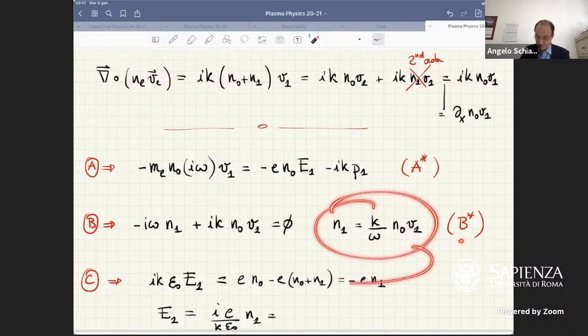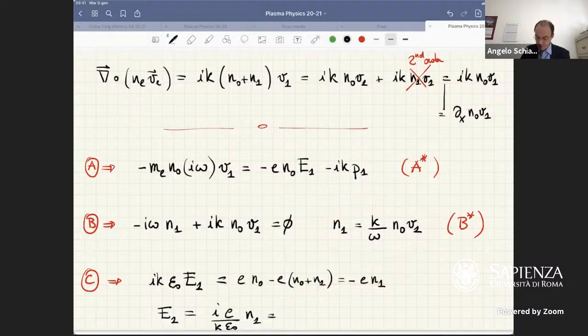We can write that the electric field is equal to i e divided by k epsilon naught times k over omega n0 v1. So you see that there's a k that goes away.